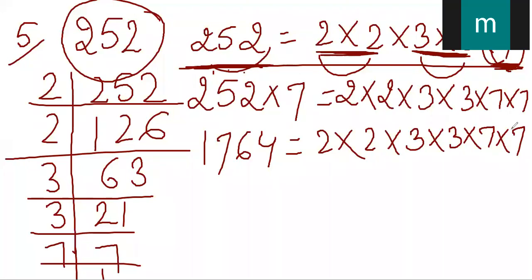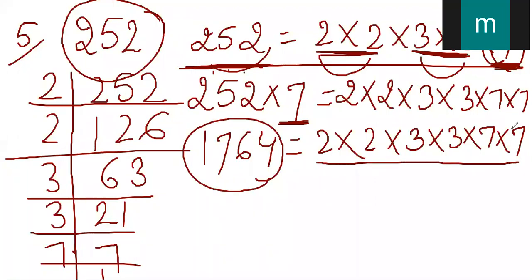Okay? Now what do we have to do? Now we have found 7 is the required smallest number by which 252 should be multiplied to make it a perfect square. Then you have the perfect square 1764. It is all in pairs, so we can say 1764 is a perfect square.